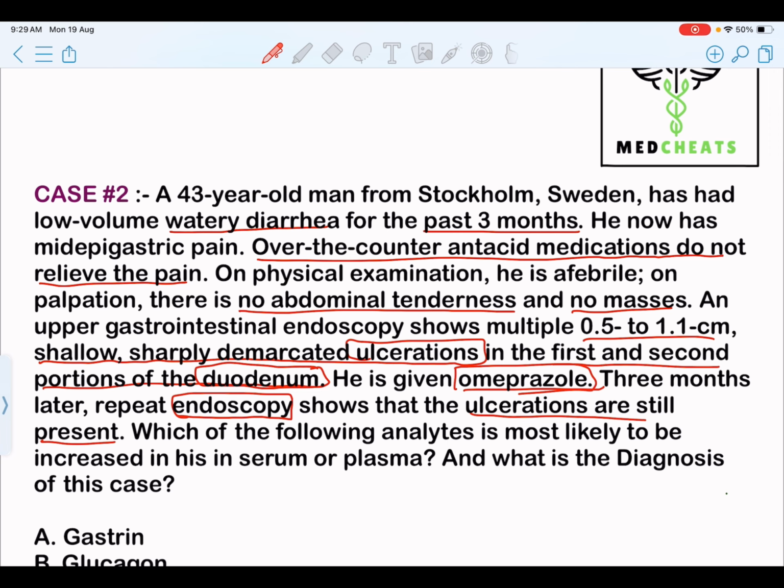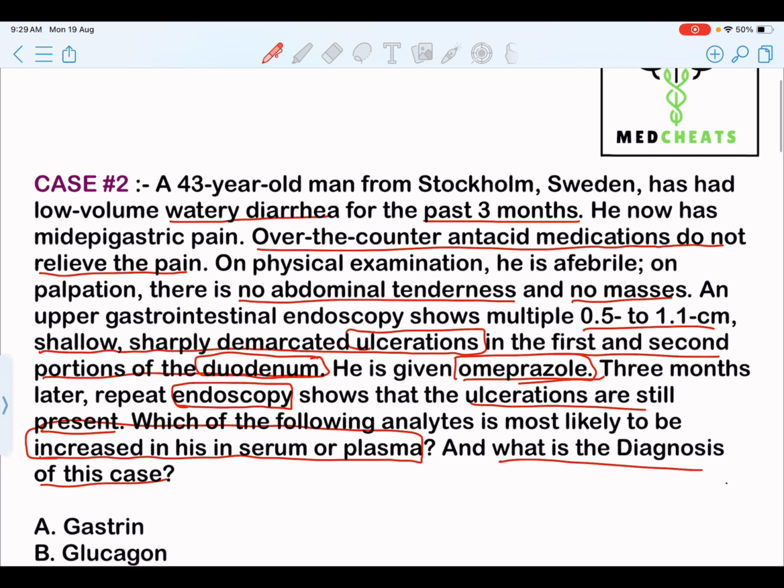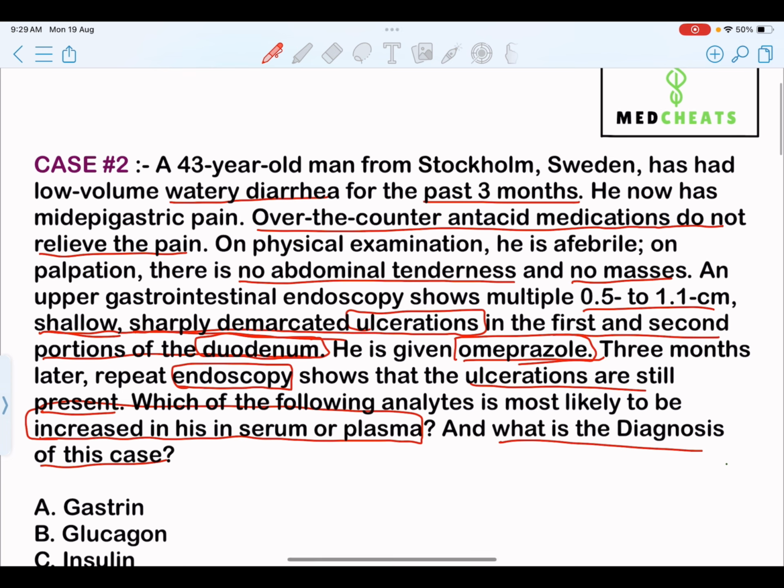Which of the following analytes is most likely to be increased in his serum or plasma, and what is the diagnosis of this case? Here you can see the ulcerations, which are sharply demarcated and shallow in character, present in the duodenum.